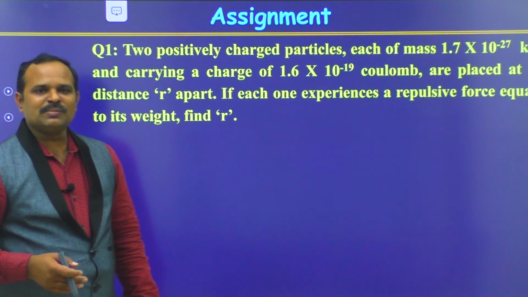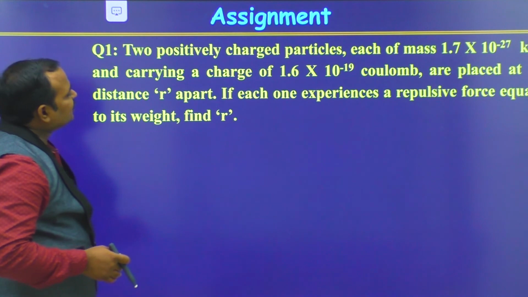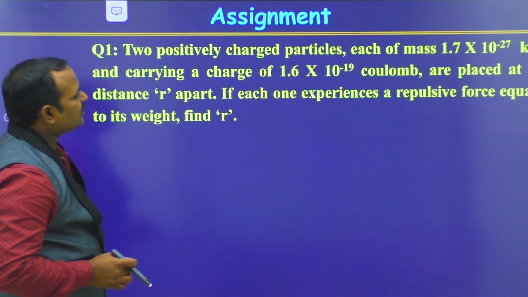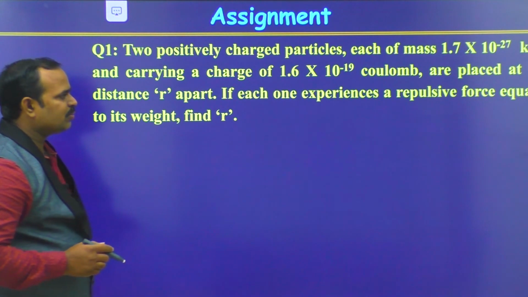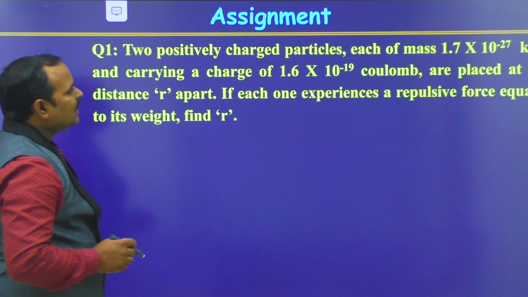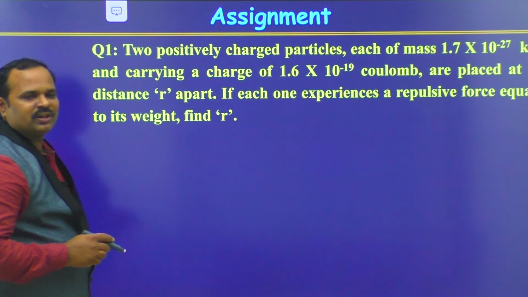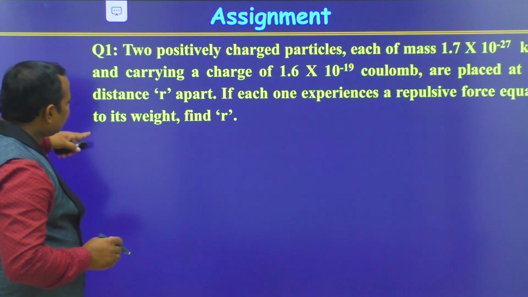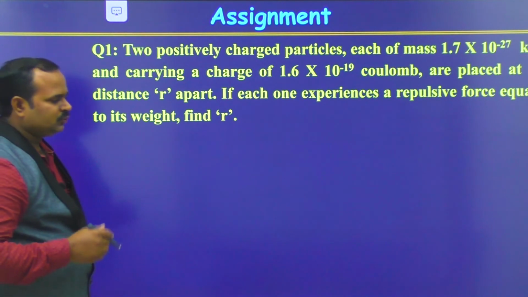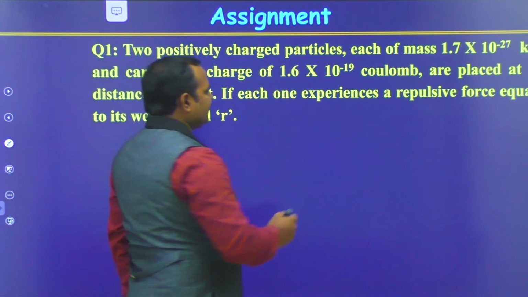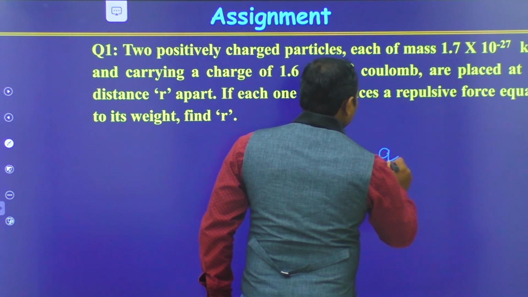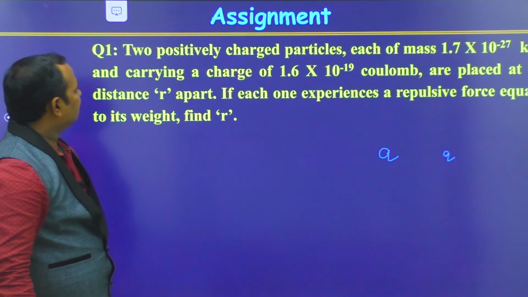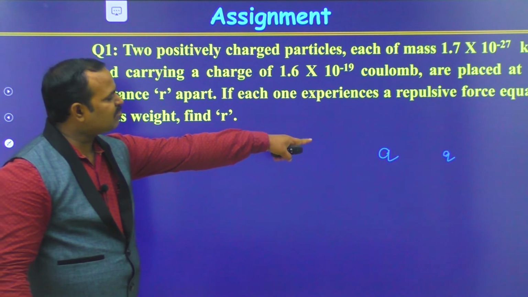Now you can do some assignments. Two positively charged particles, each of mass 1.7 × 10^-27 kg and carrying a charge of 1.6 × 10^-19 coulomb, are placed at a distance r apart. If one experiences a repulsive force which is equal to its weight, find r. So they are asking you, two charges are there, q and q, they both are the same charges and having the same mass.